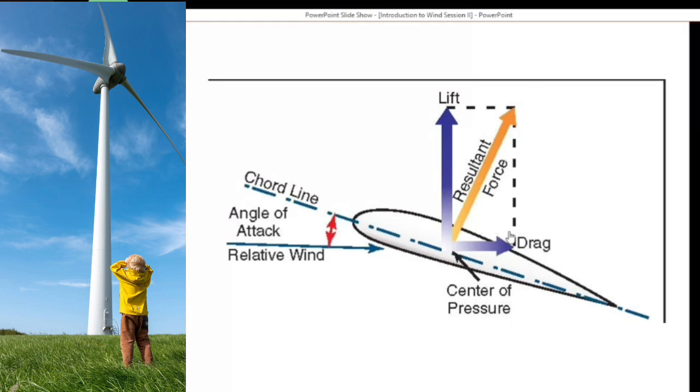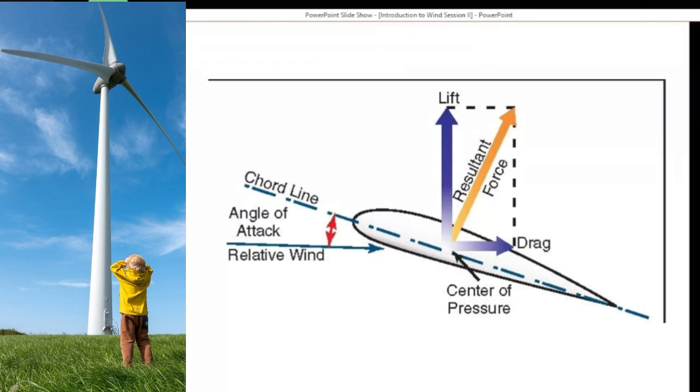The wind will lift the blade upwards, but while it is fixed on the hub, it will never go up; it will create the rotational energy, and the force will be the resultant.